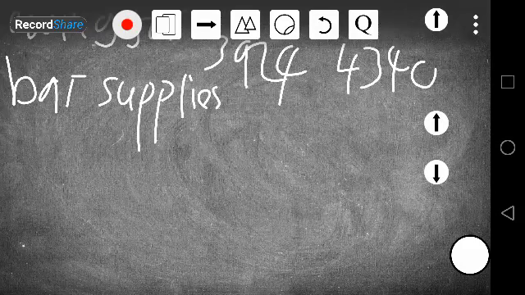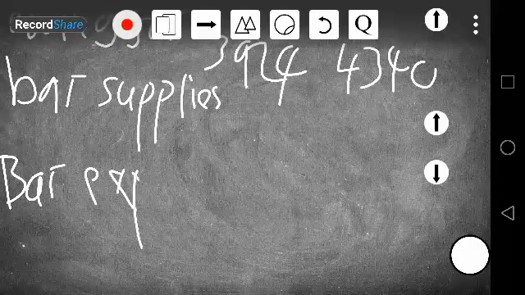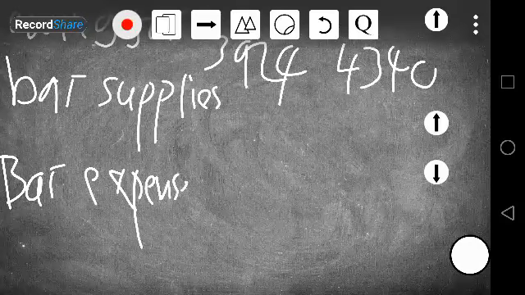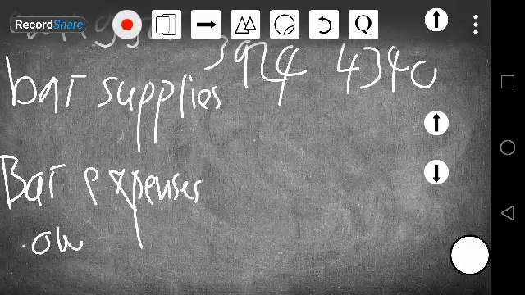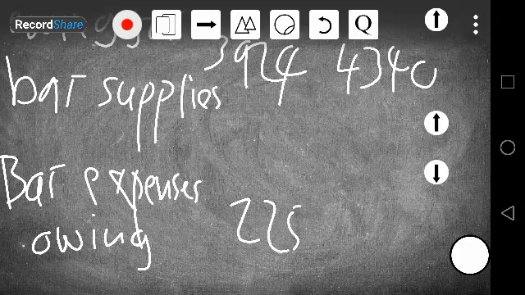Then we have bar expenses owing, for bar expenses owing we have 225 and 336.